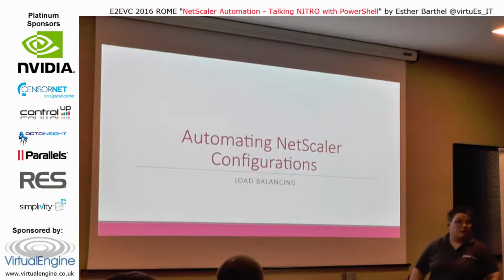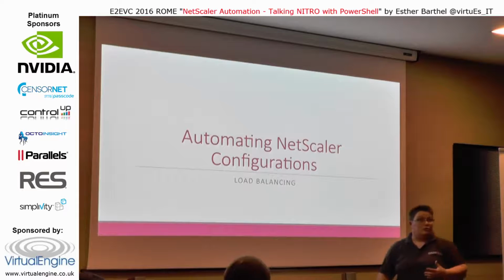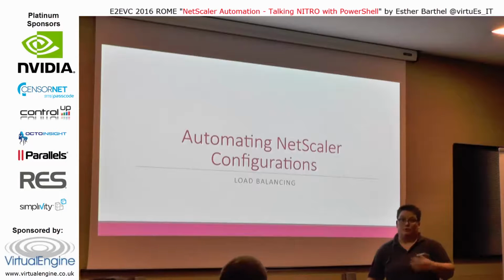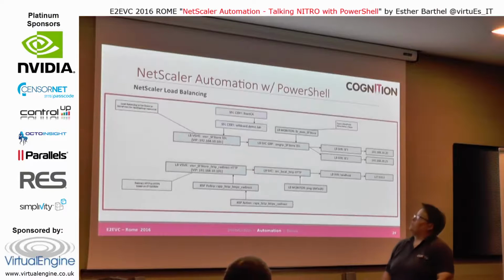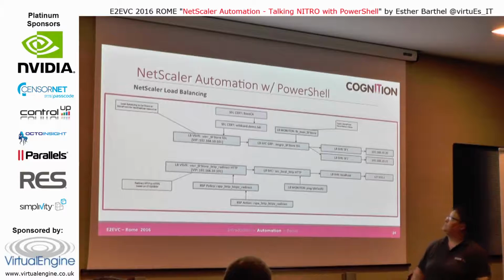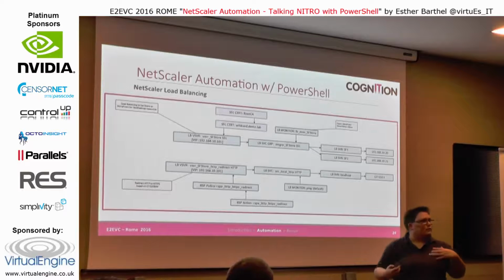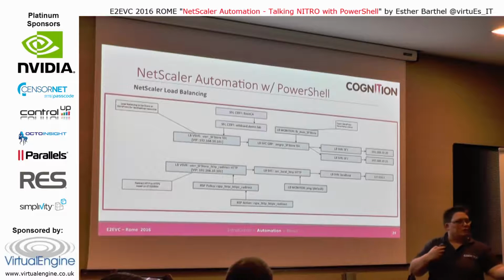So let's look at load balancing, which is a very common and very highly used feature of the NetScaler. I wanted to be able to configure an architecture like this. This is my way of making the NetScaler configuration and dependencies visible. I hope it's also understandable for you guys.